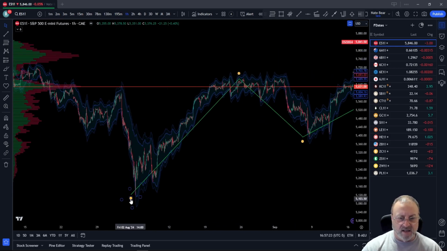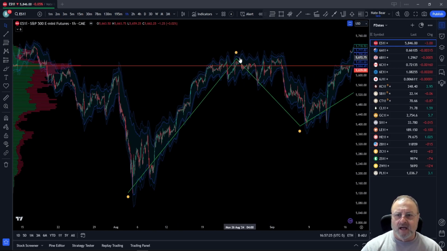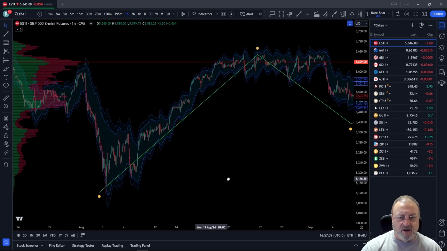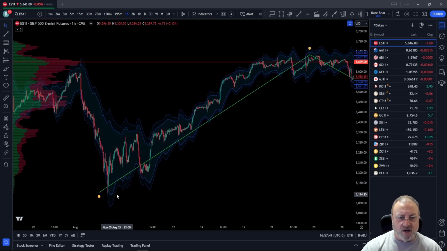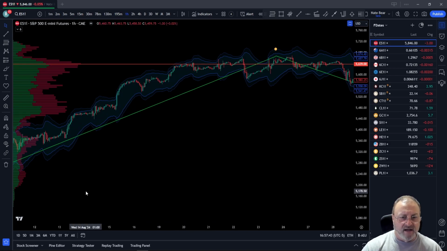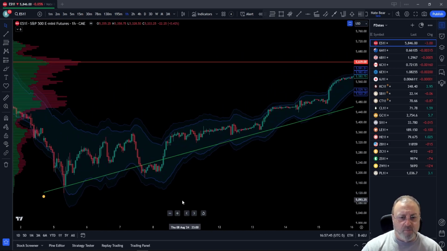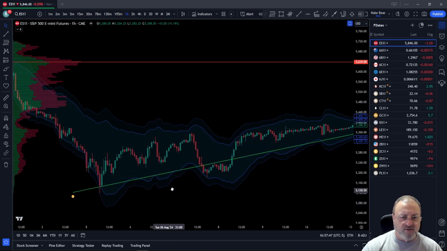Okay, so this would be the August 5th to wherever that was, the August 25th. We can see here on an hourly chart, you would have had a whole bunch of impulse waves.